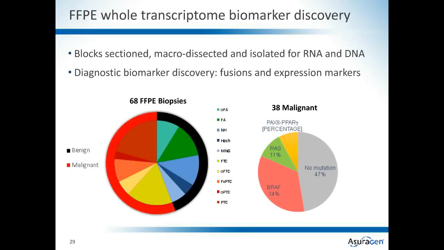In this case study, we applied whole transcriptome RNA-seq to a cohort of 68 FFPE thyroid biopsies from surgical resections. Those biopsies were sectioned and assessed by a pathologist to determine the status of benign versus malignant, and further subtyped into different categories of follicular and papillary thyroid carcinomas, and for the benign samples subtyped into follicular adenomas, goiters, and nodular hyperplasias.